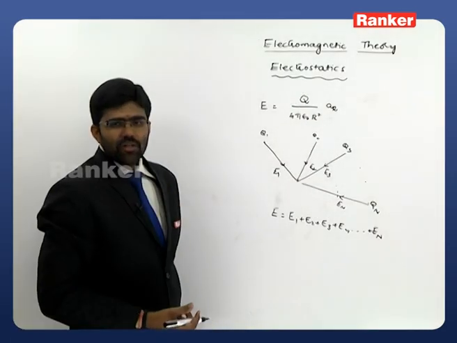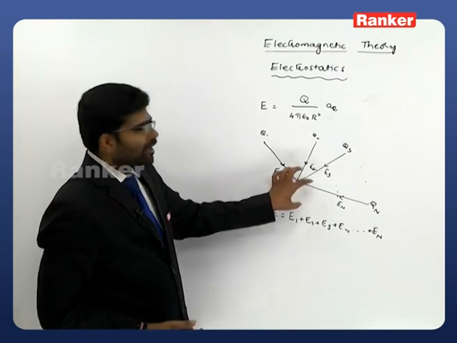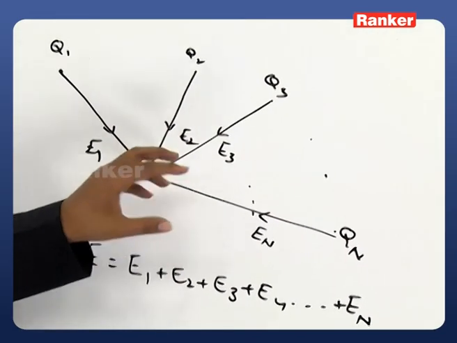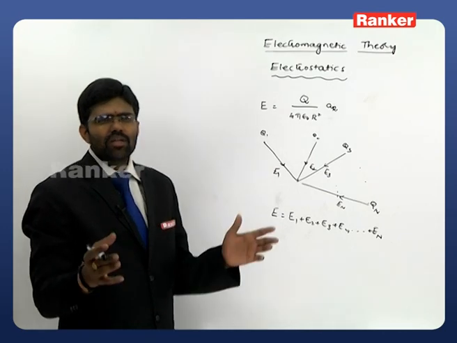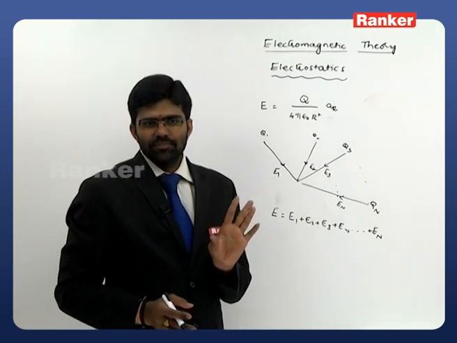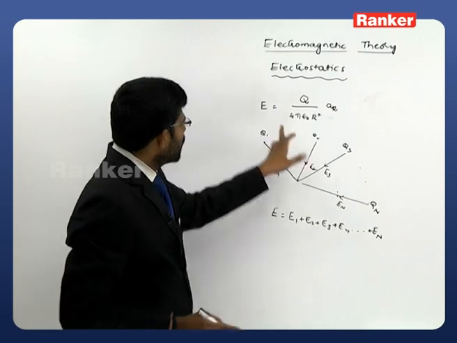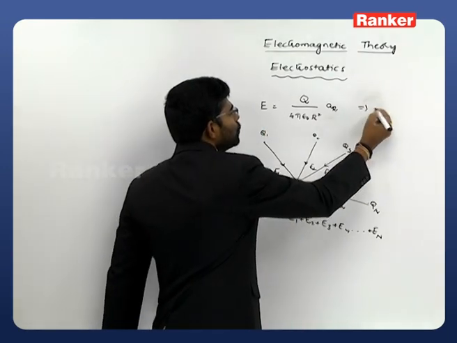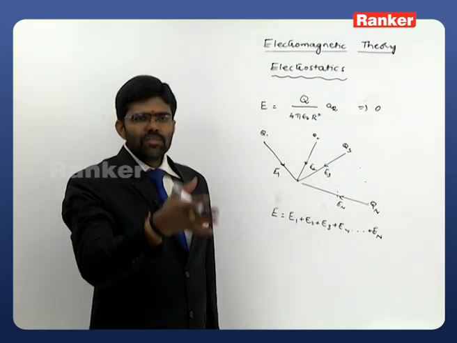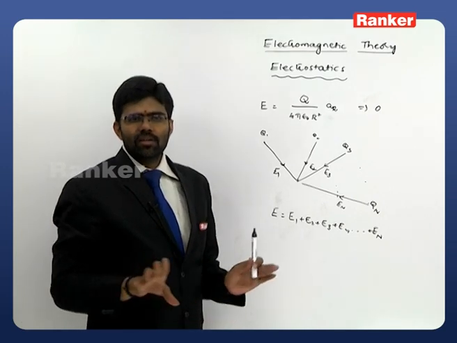So here what we can say is, to calculate or to observe the electric field intensity at any location, what we require is a charge. If there is no charge, obviously the electric field intensity is also equal to 0. So in absence of charge, we couldn't find any electric field intensity.